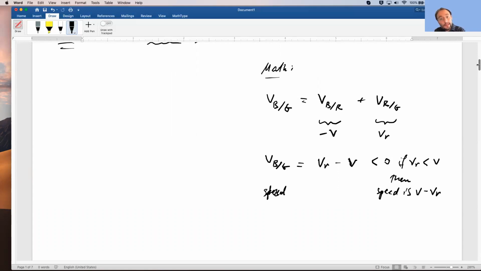Now, does that make physical sense? Why? Remember, the boater has to satisfy a certain rule of the game. That is, when the boater looks at the water, the speed of the water relative to the boat should be the speed of the walker.